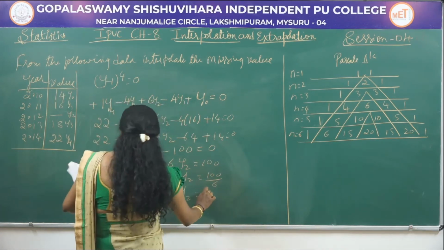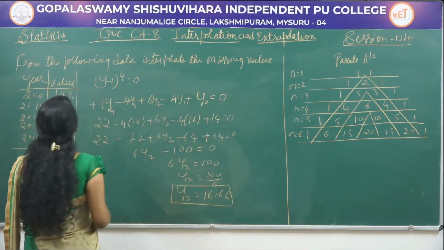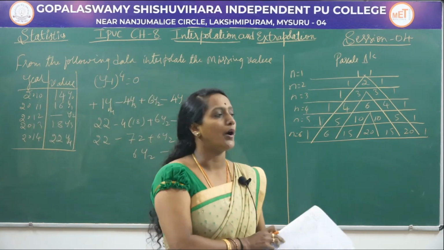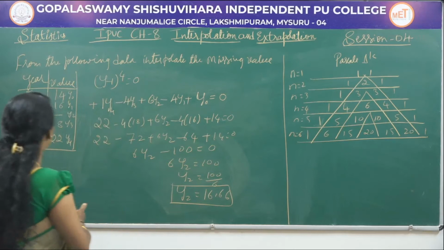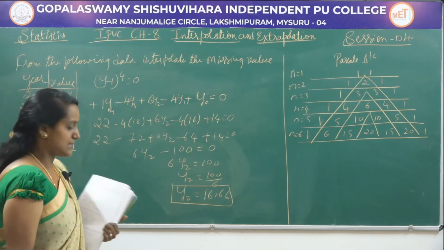So y2 is equal to 16.66. So the missing value is y2, that is 16.66.